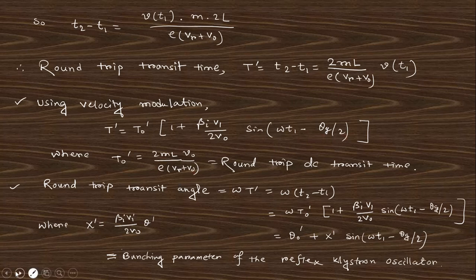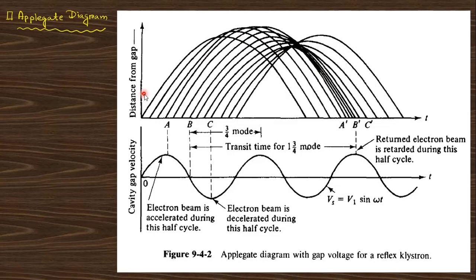Clear? Next one is the Applegate diagram we already discussed. When particle A reaches here, the energy will be maximum, that is why it takes a larger path length. This one is lower, so it has comparatively lower path length, and this one with reduced velocity takes a much lower path length.